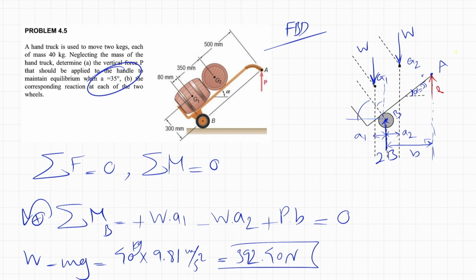If I'm going to highlight it in yellow, if this angle is 35, we'll have the same angle for this one. So this one would be 35 as well.